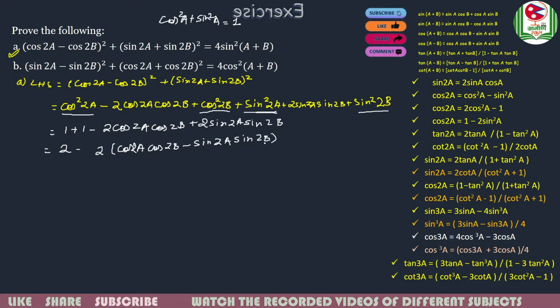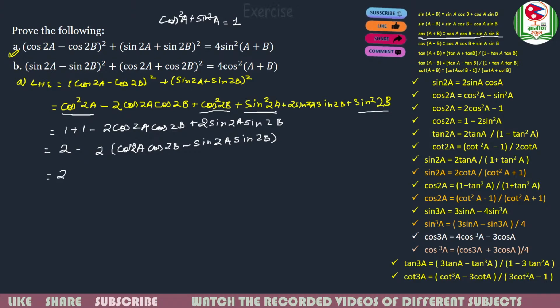And we all know the formula: cos a cos b minus sin a sin b. So here it is cos a cos b minus sin a sin b, so we can relate this one. It is going to form cos(a plus b), and here the angles are 2a and 2b.